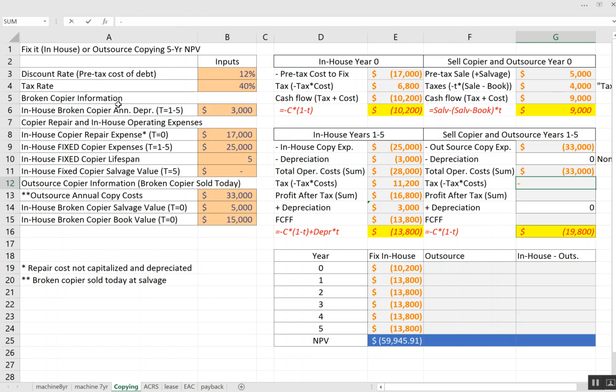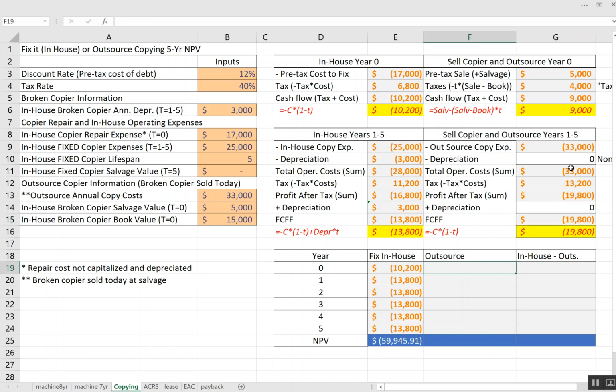I'll then multiply minus my tax rate times the operating cash flow. That could generate a tax shield of $13,200. That gives me a profit after tax of $19,800. There's no depreciation, so that's going to be a cash flow of $19,800.